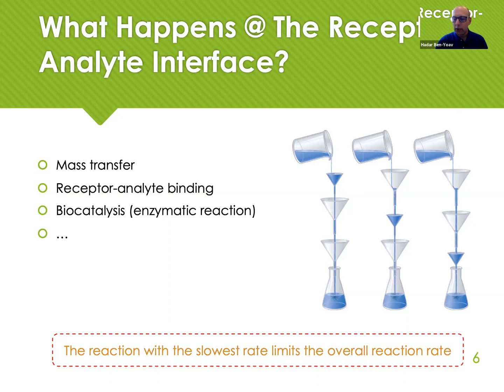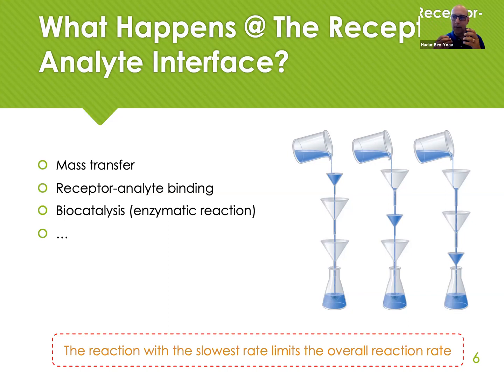So this one is diffusion, and this one is receptor-analyte binding, and the diffusion rate is slower than the receptor-analyte binding. It means that molecules take some time to diffuse towards the sensor, towards the transducer, and then whenever they get to the receptor, they bind very fast.